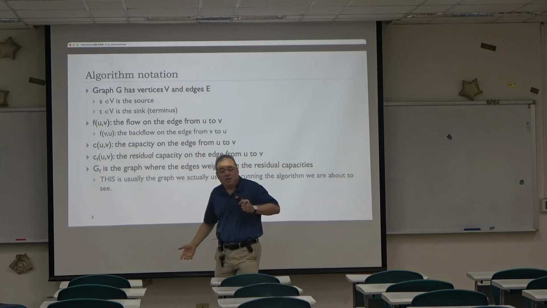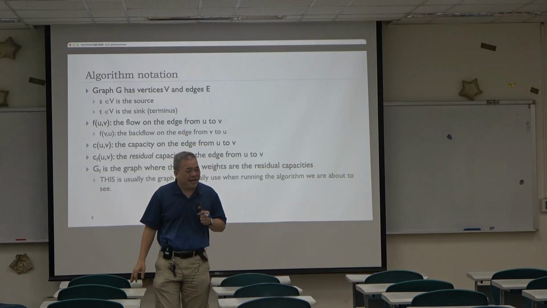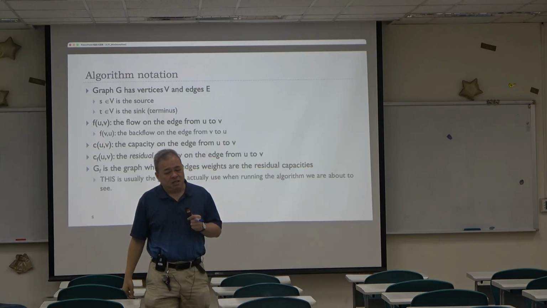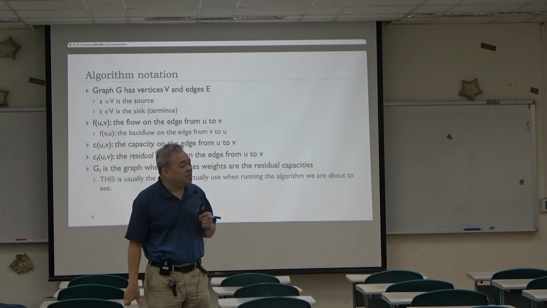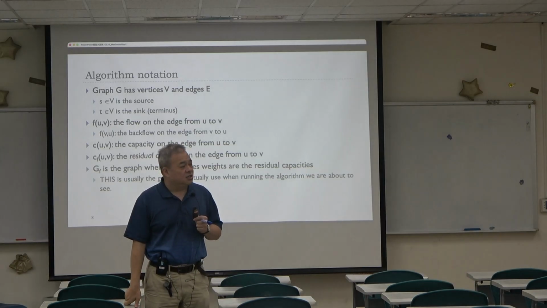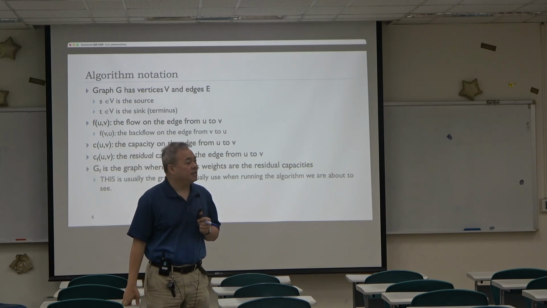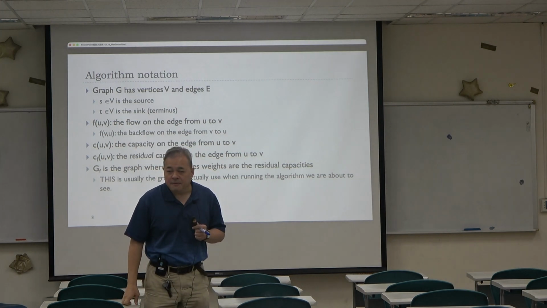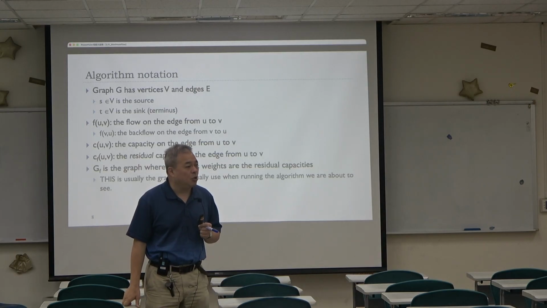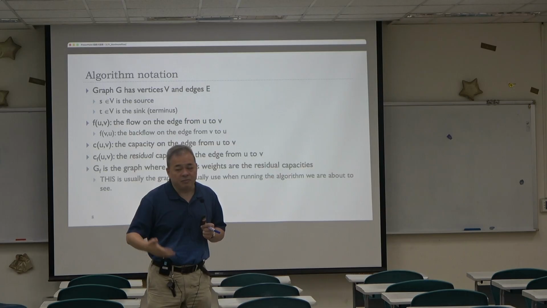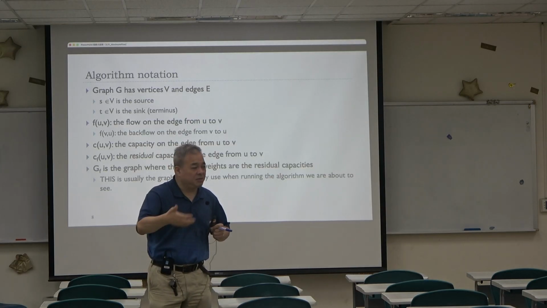For example, say your capacity is 30, and now you push 20 units of water through this pipe, then your cf(u,v) will be 10. Hopefully it's not difficult to understand. Just the remaining capacity, right?